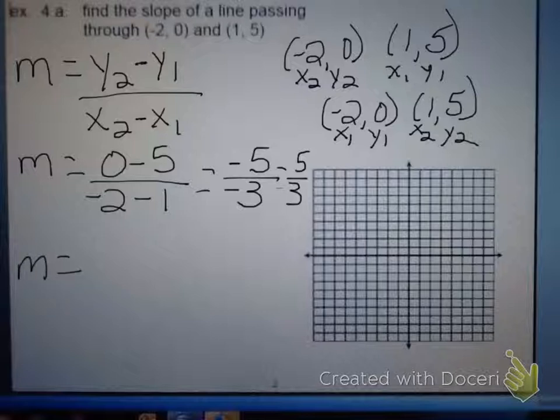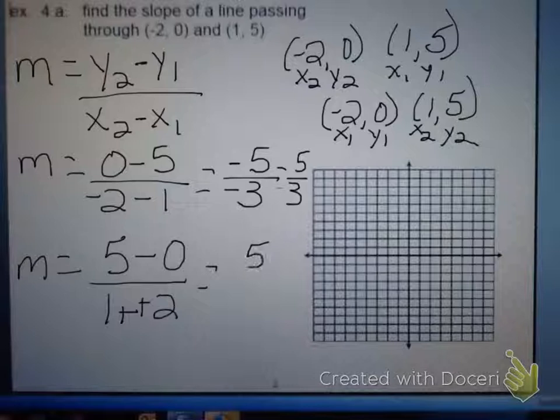Now this time your y2 is 5 minus your y1 is 0 over your x2 is 1 minus your x1 is -2. Well, minus a negative turns into plus a positive. 5 minus 0 is 5 over 1 plus 2 is 3. So it doesn't matter which point you give your x1 and y1, you will get the same answer.